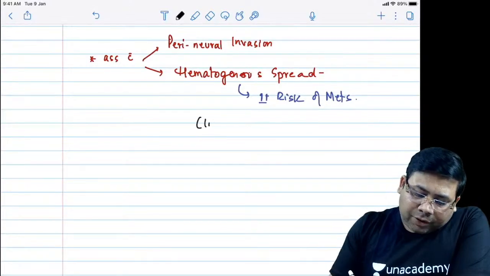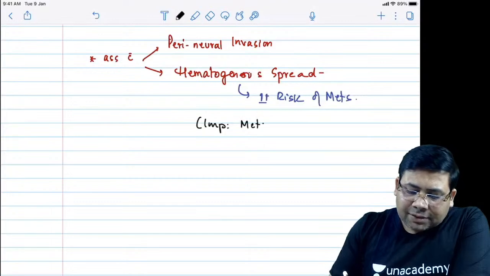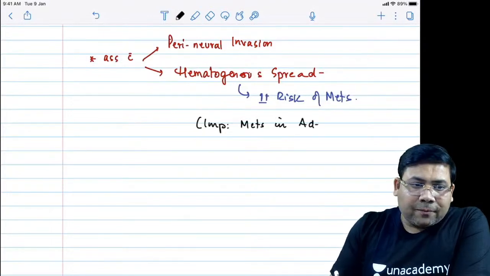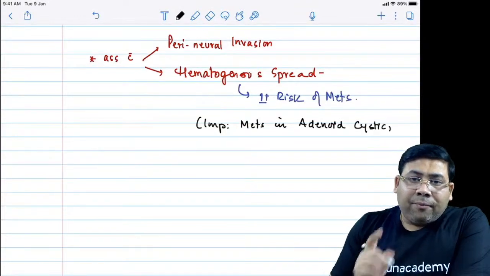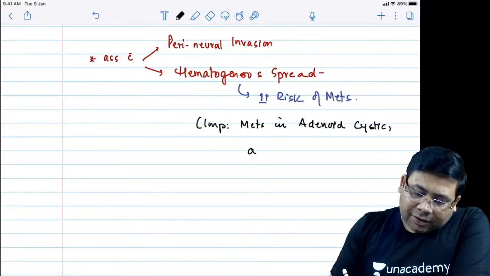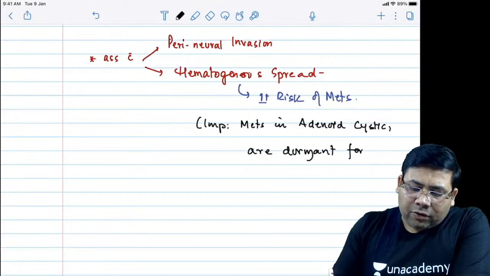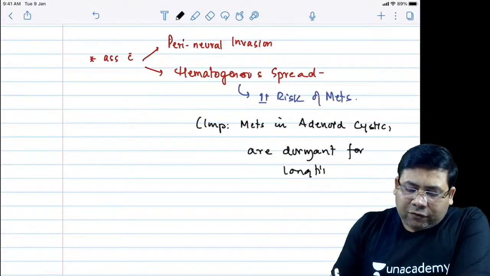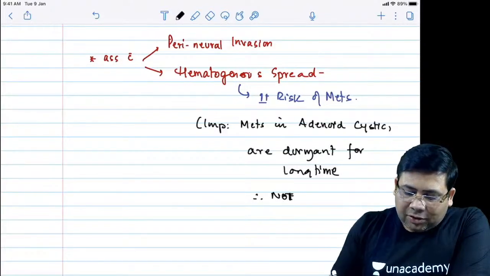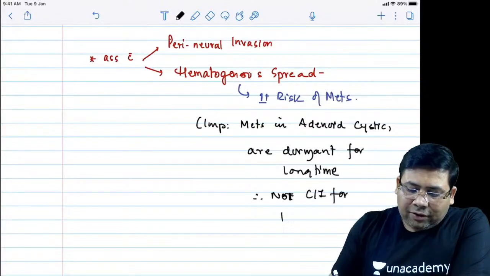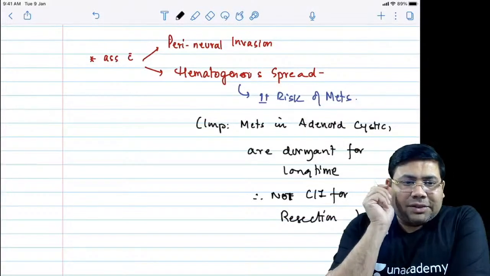The important point is that metastases in adenoid cystic are dormant for a long time, and therefore not a contraindication for resection. Are you getting this?